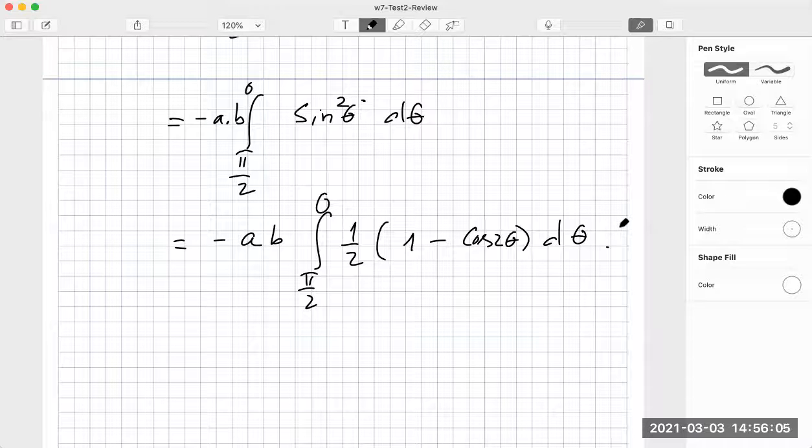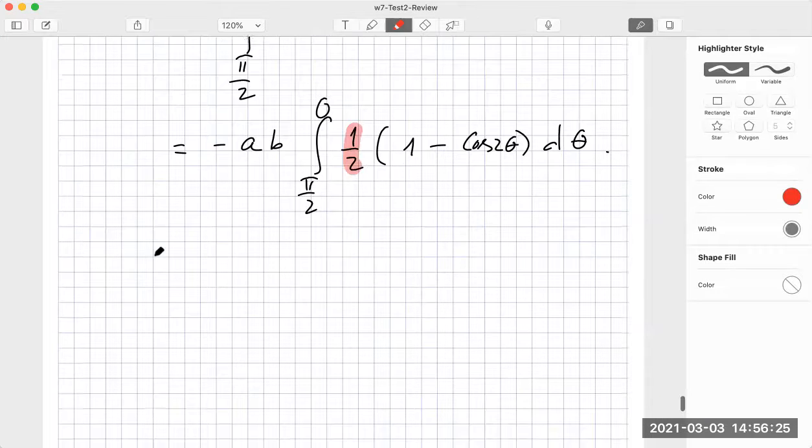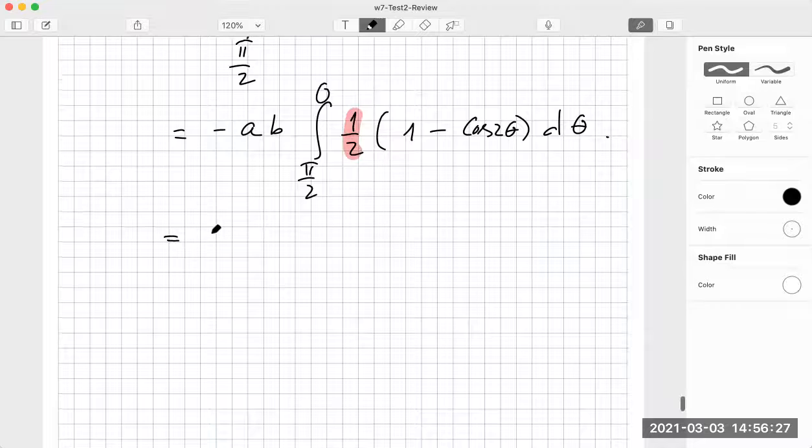And what do we have? Let me double check if it is correct. Okay. Then the constant here, we can take it out. It will be negative a b over 2, integral from pi over 2 to 0 of 1 minus cosine 2 theta d theta.